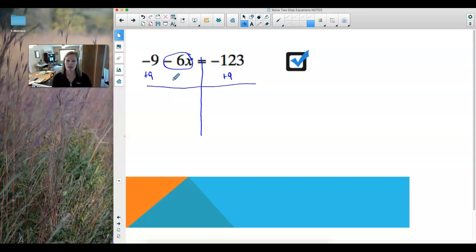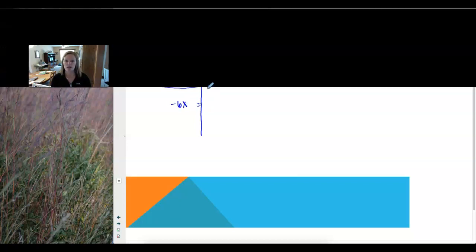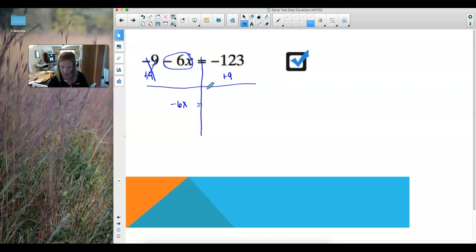Okay, and these cancel. So we have negative 6x equals negative 123 plus 9. Remember, same signs add and keep. Different signs subtract. So 123 minus 9 is 114, but we have more negatives. So this is negative 114.